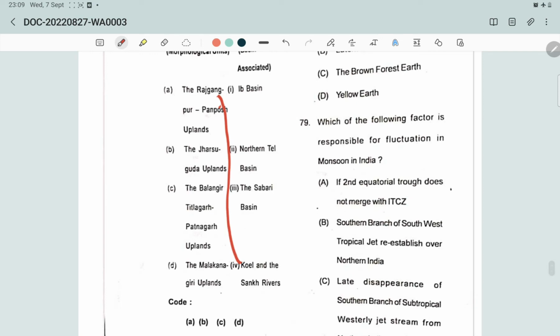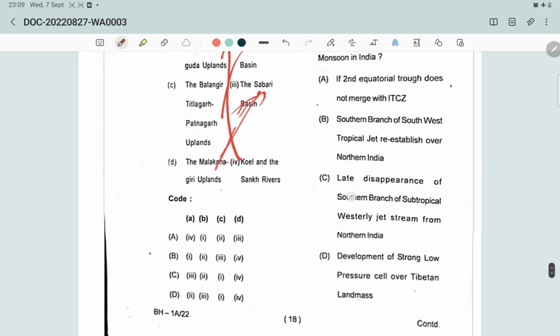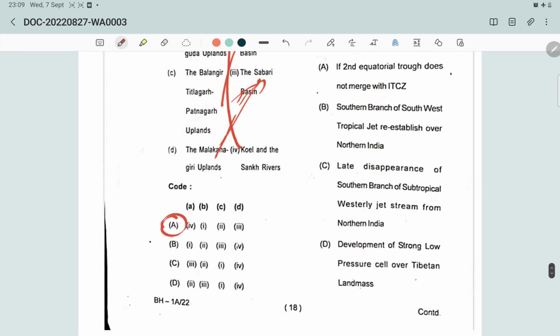The Jharsuguda upland is associated with the Ib basin. And the Balangir, Deogarh, Patnagarh uplands are associated with the northern Tel basin. And the Malkangiri uplands are associated with the Sabari basin. And the correct answer would be option A.